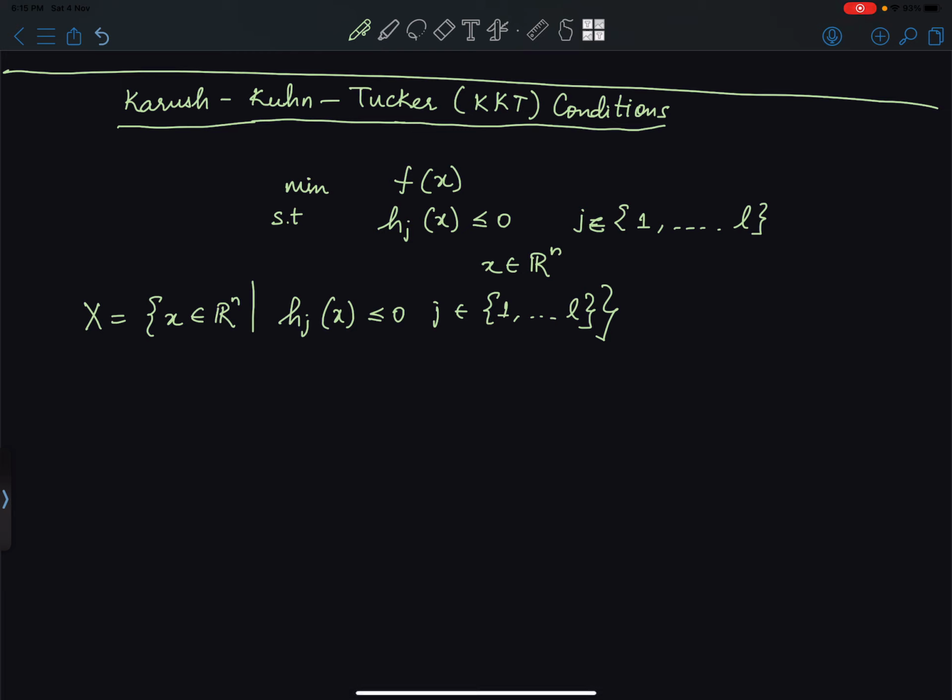Right, and suppose these are my first order KKT conditions, KKT necessary conditions. These are basically first order because we just take the first order derivative.